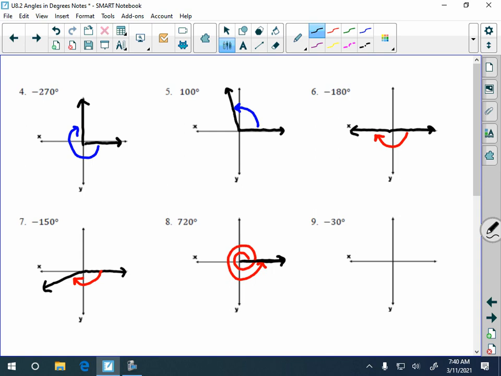All right, let's see, negative 30. All right, so we are on the initial side, and then we're just going to go down 30 degrees. Something close to that. Again, put your direction arrow that you went in the negative direction.